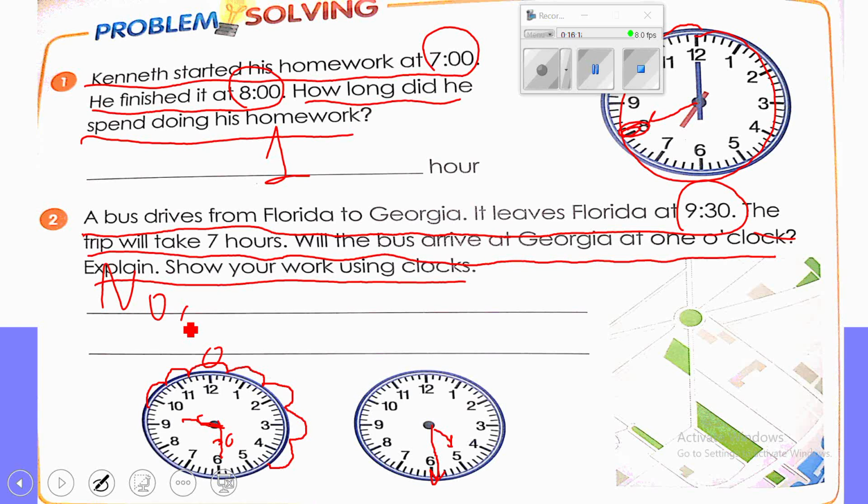Perfect. It will arrive at 4:30. Why? Because we start on 9:30 and then add 7 hours only.